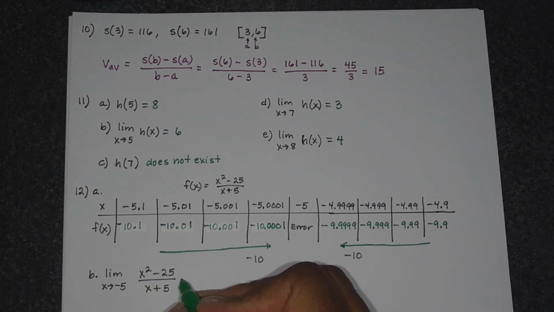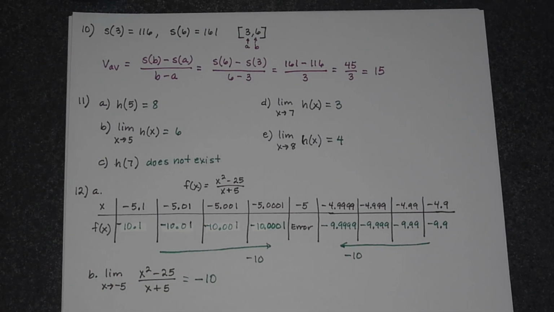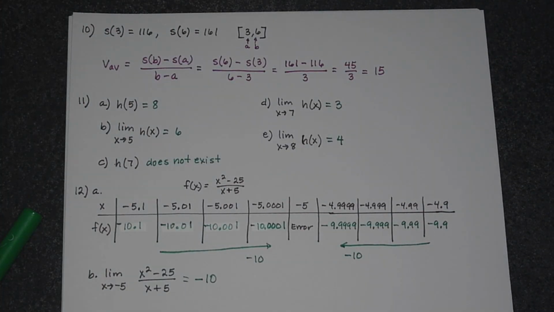Negative 10. Because the limit on the left side of negative 5 approaches negative 10, and the limit on the right side as x approaches negative 5 approaches negative 10. So that's right there is problem number 12. Complete the table and then make the conjecture or conclusion about the value of that limit for that function as x approaches negative 5. All right, questions about problem number 12.